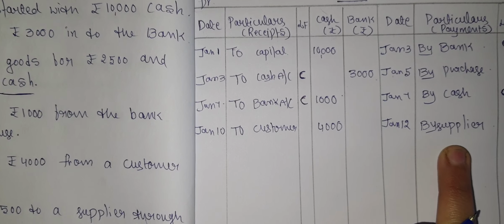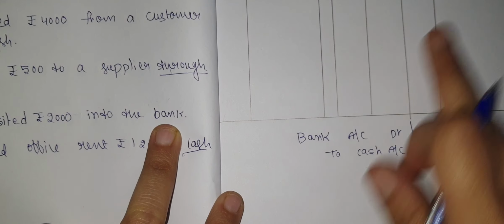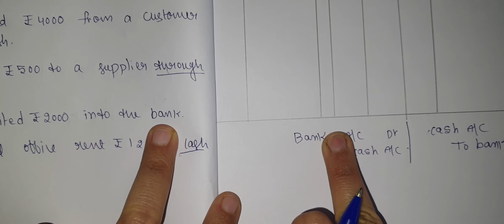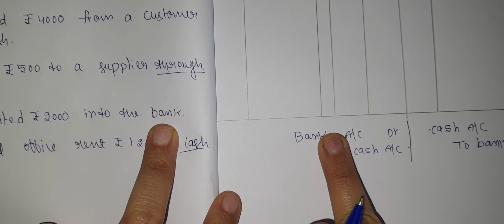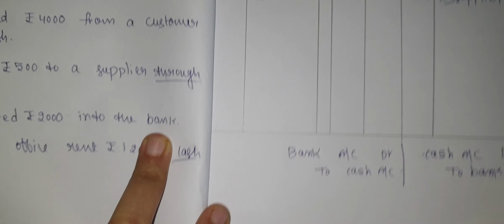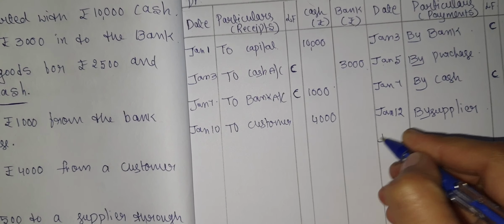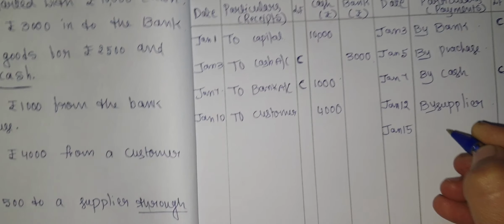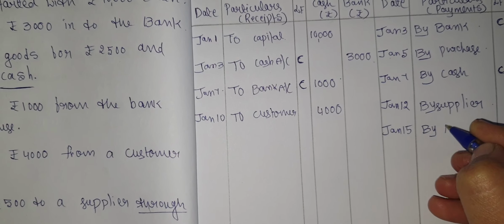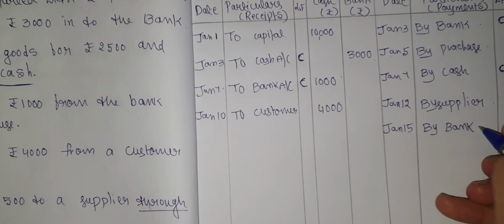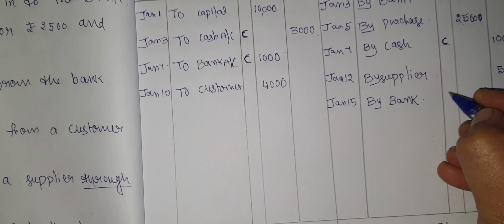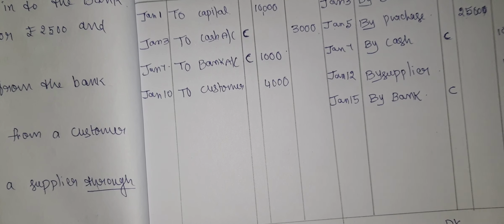So, go to the credit side of the cash book and write down the opposite entry of cash account, which is bank account. So, on Jan 15, by bank, and write down C in the ledger folio because it is a contra entry.